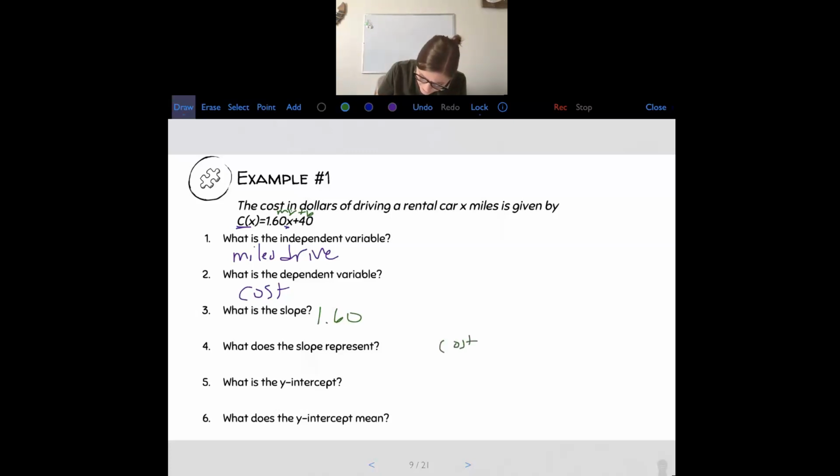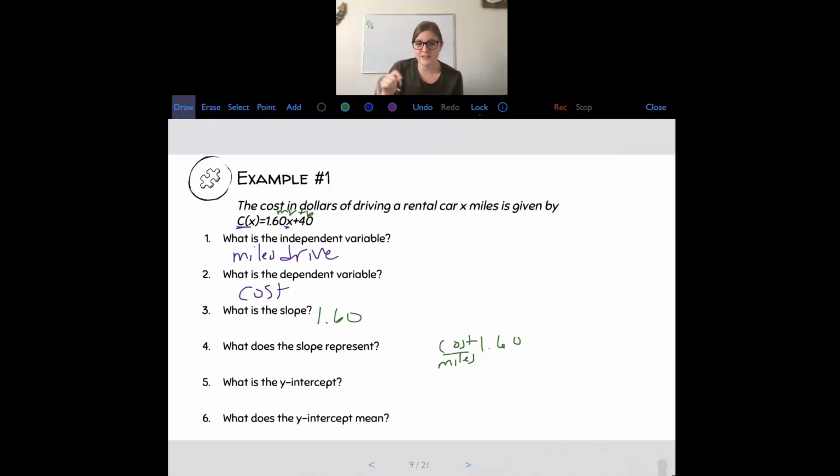So it's going to be cost per mile. Remember that slope is change in y over change in x, so the units are dependent variable over independent variable. So it costs $1.60 per mile driven. That's what it represents.